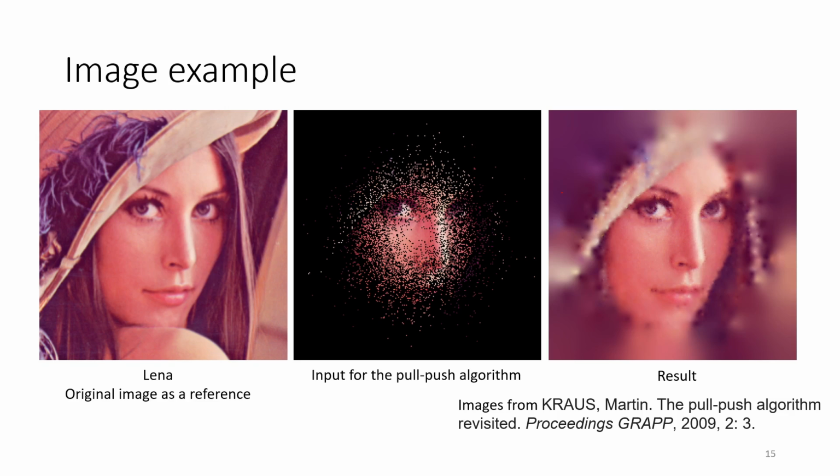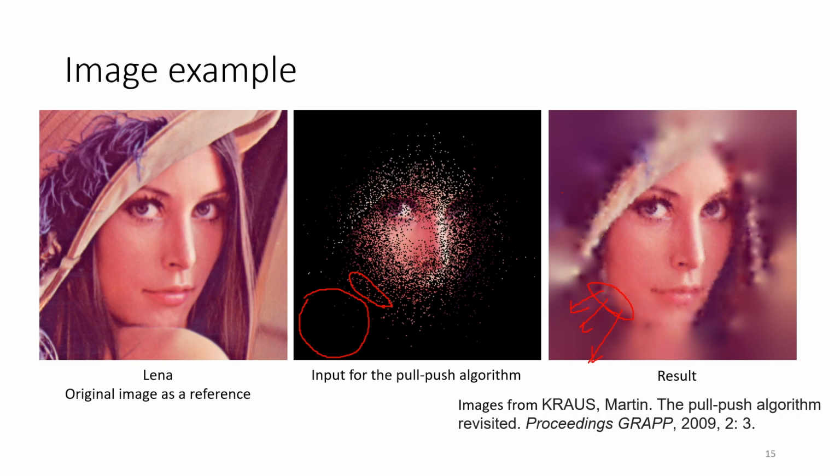Say for this region, we have no input value, but there are some input data here. Therefore, according to the pull-push algorithm, the values of this region will be copied and extended to its neighboring regions. Okay. So this is a result of the pull-push algorithm.